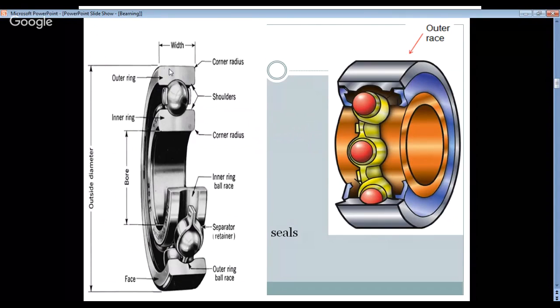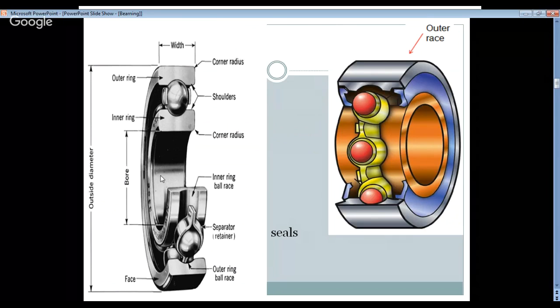These outer races are fixed with the housings, while these inner races are attached with the shaft. It means when a shaft is supported, then there are at least two housings with bearing systems.